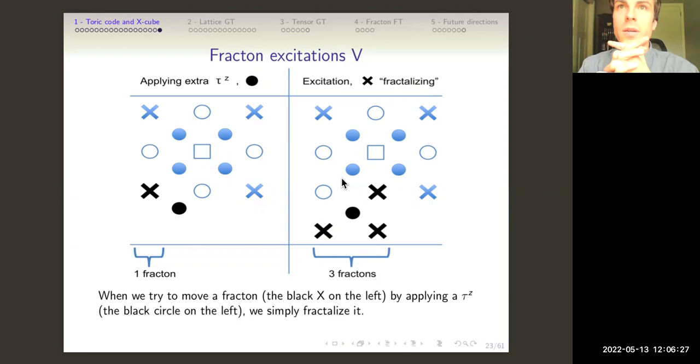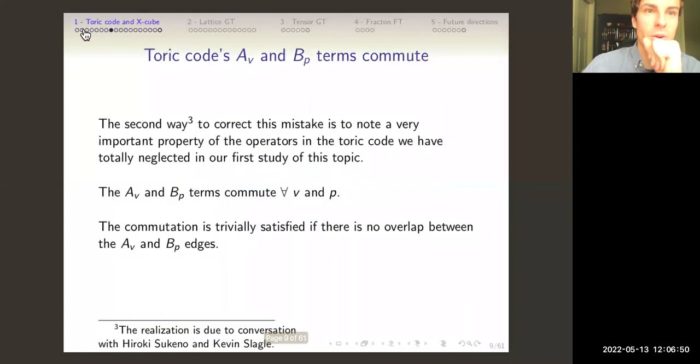The ground state degeneracy of fractons is much larger than the toric code. Because of this fractal nature of things propagating like that, the ground state degeneracy is exponential, as opposed to that of the toric code.